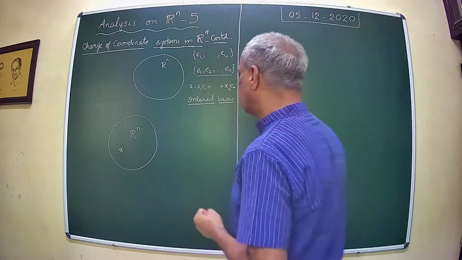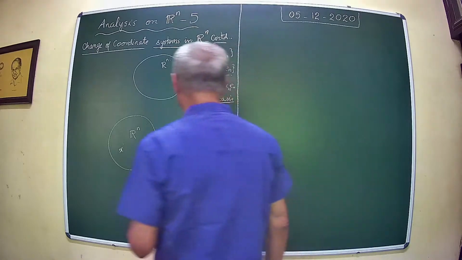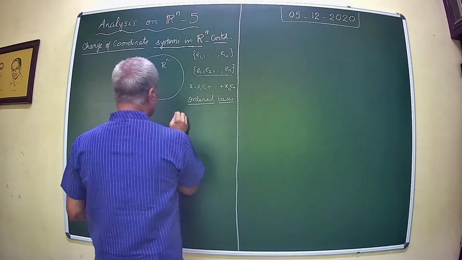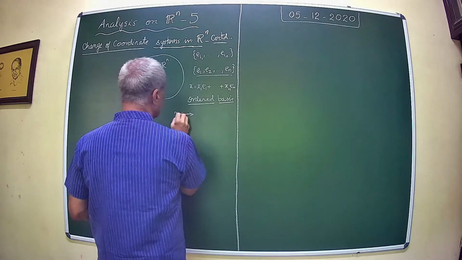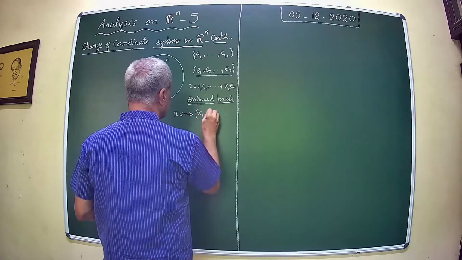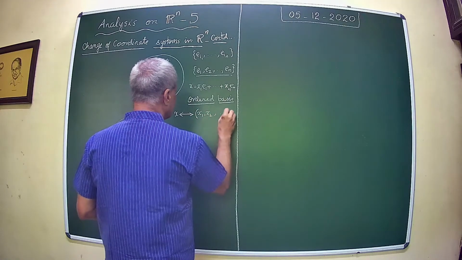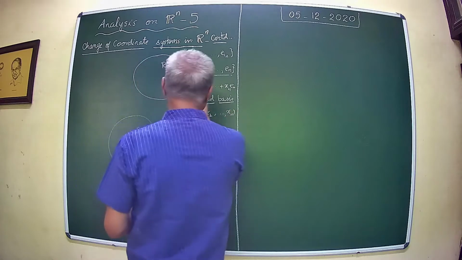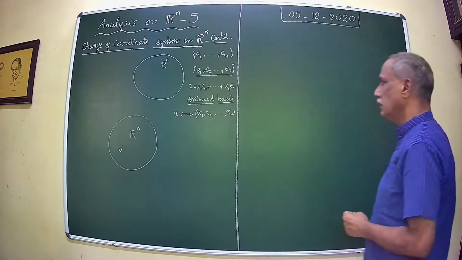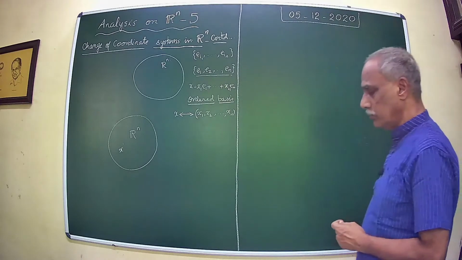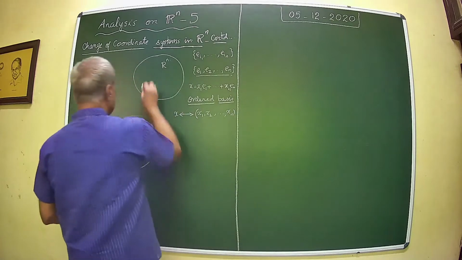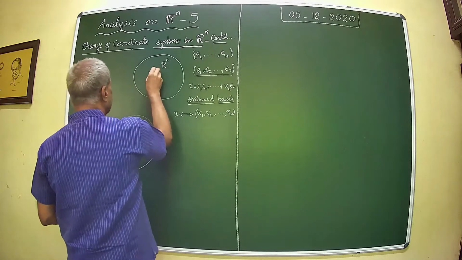So we fix the order initially, so we start with an ordered basis. Now once the ordered basis is chosen, then you see that x can be identified with the ordered n-tuple, where the xi's are the coefficients that appear in the linear representation of x in terms of the ordered basis E1, E2, etc., En.